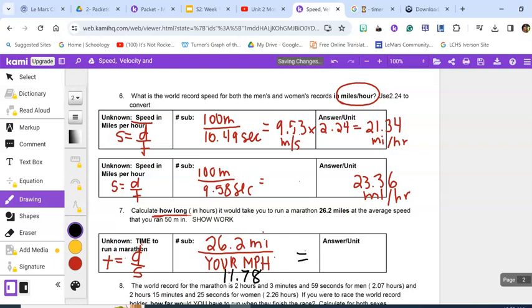Nevea, what do you get? 2.22. Now keep in mind, this is miles per hour. Cross off my miles, I'm left with hours. So at that speed, you could run 26 miles in 2 hours and 22 minutes.